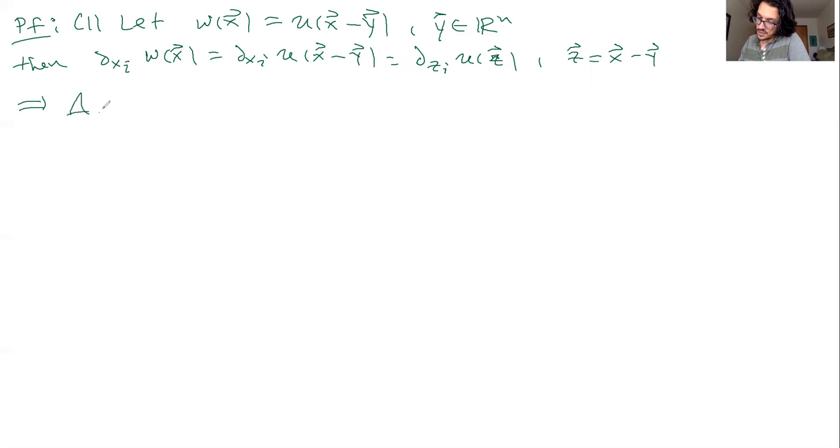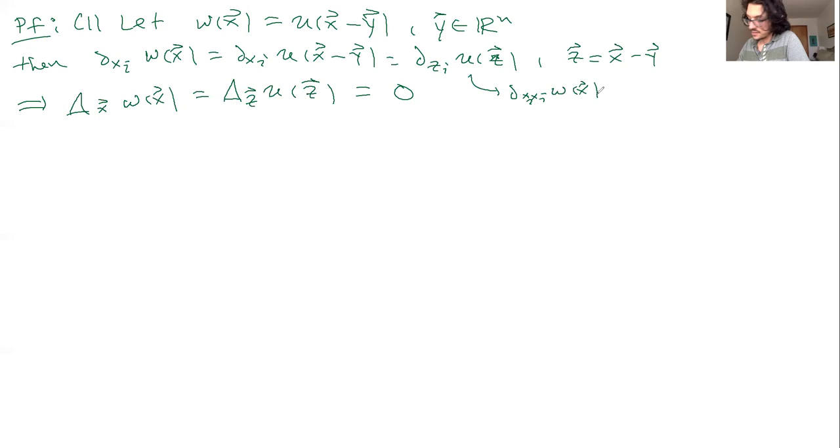So this implies that the x Laplacian of W of x should just be equal to the z Laplacian of u of z, which we know already is equal to 0, right? Essentially because the second derivative with respect to xi of W of x is equal to the second derivative with respect to zi of u of z by linearity.